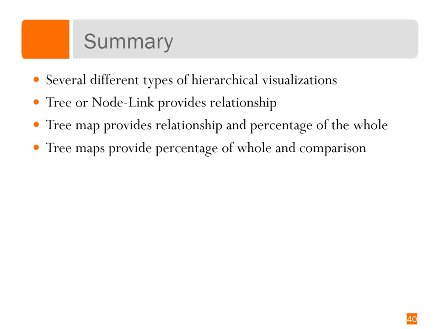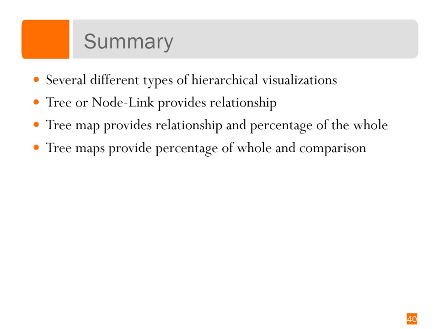So in summary, there are several different types of hierarchical visualizations. We have the tree or the node link, which gives us relationships. The tree map improves upon that and provides us both relationships and a percentage of the whole. It's sort of like a nested pie chart, if you will.